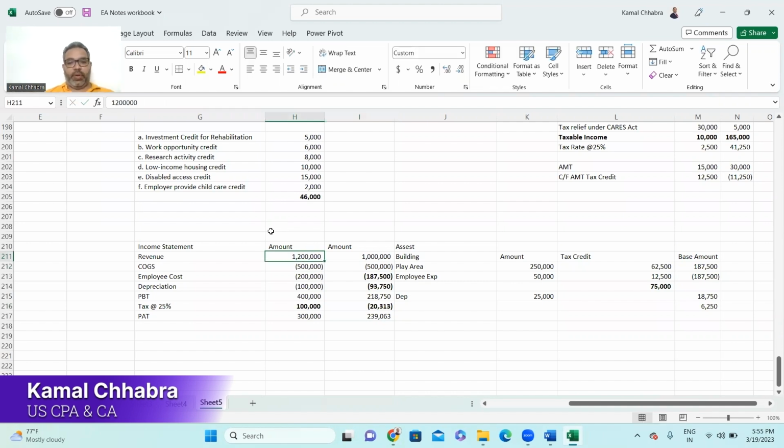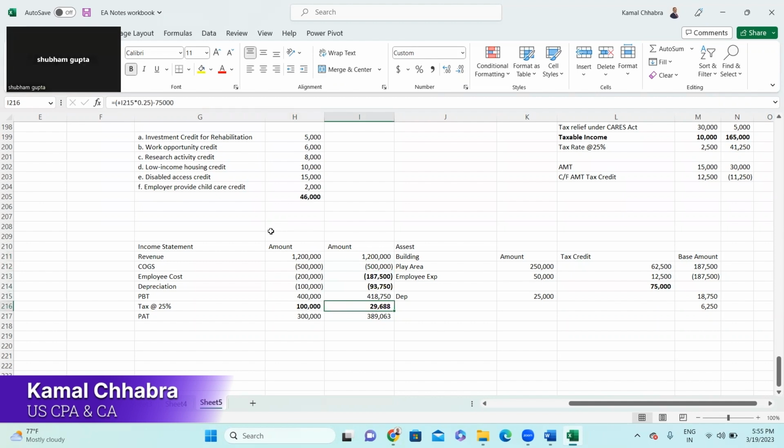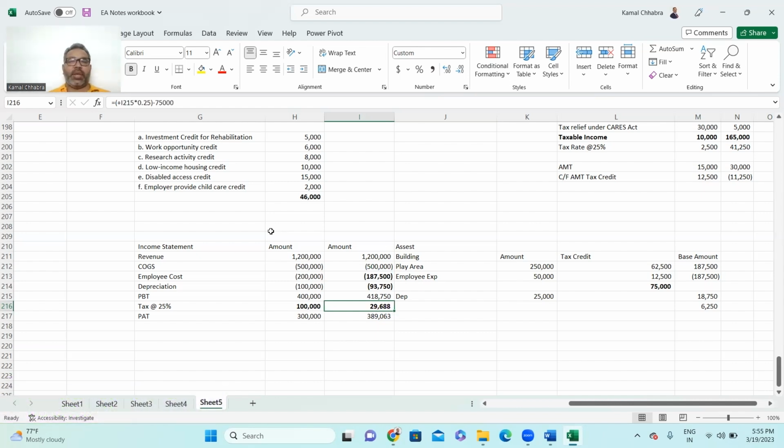Or let's say if we do this. Make sense? How much have you reduced from taxes?